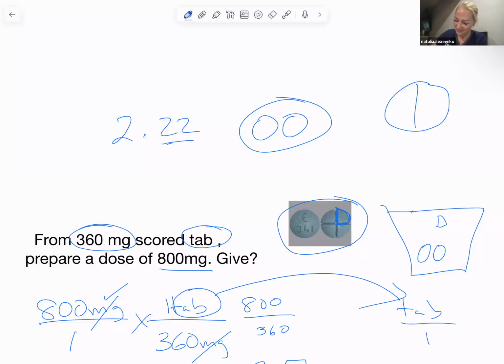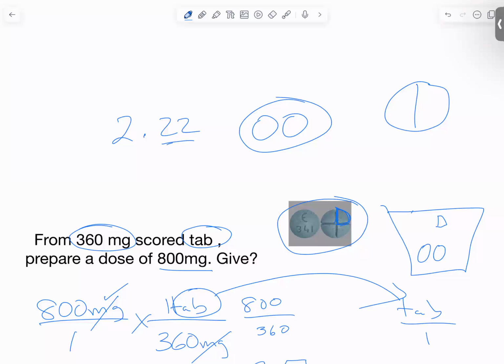Professor K, I have a question. Will it always give you a picture, whether it's scored in quarters or scored in halves? In practice, or in an exam for a job, they may hand you a bucket of tablets, but in practice, you're going to have the pill in front of you. Because for the last question I got 2.2 repeating and I put 2 as the answer.